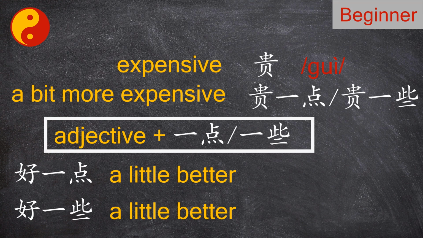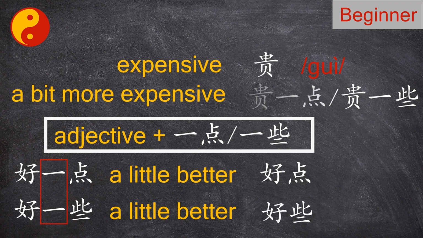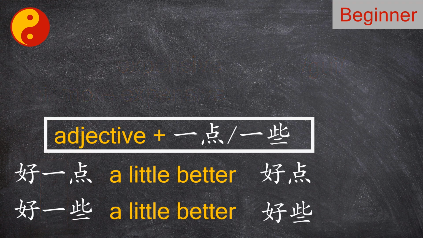Note that in this structure, 一 before 点 and 些 can be omitted. So instead of 好一点, we could say 好点. Also, instead of 好一些, we could say 好些. They both mean the same. Now, we know that 好些 means a little better.